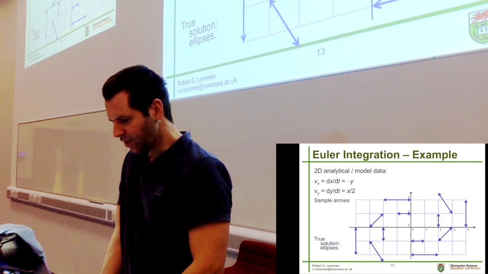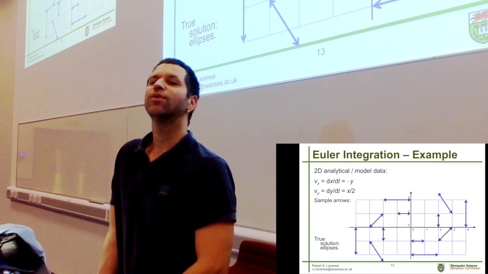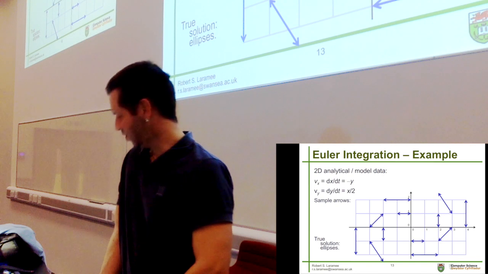For example, let's do another example right here. So if we want the x component, it's y. In this case, y is what? Who wants to answer that? The y coordinate at that point?